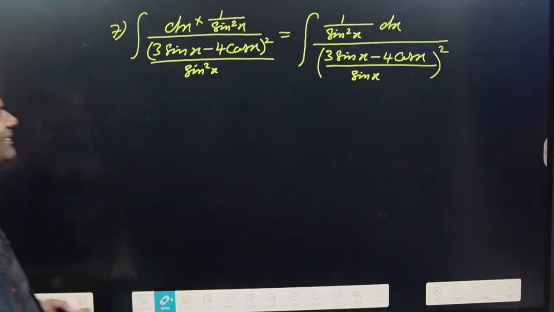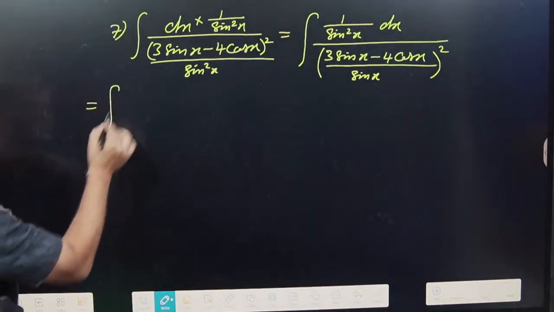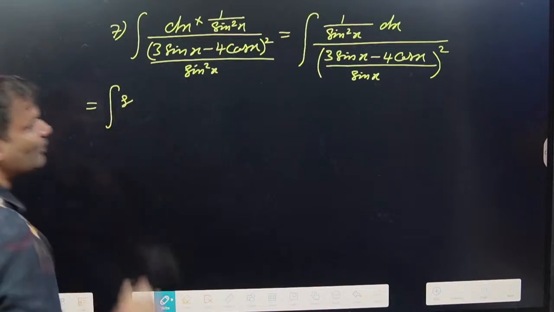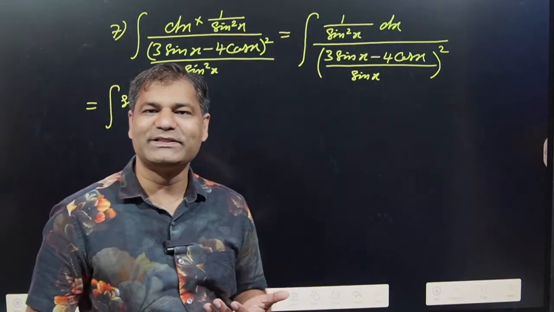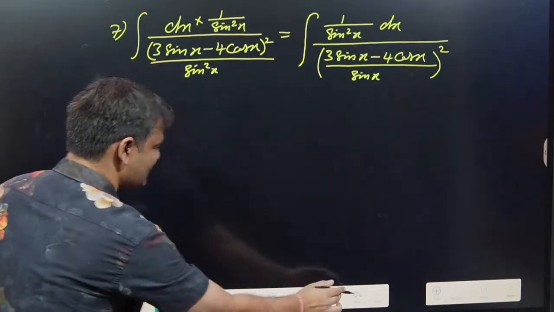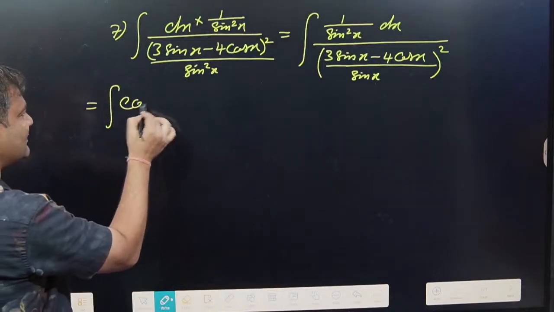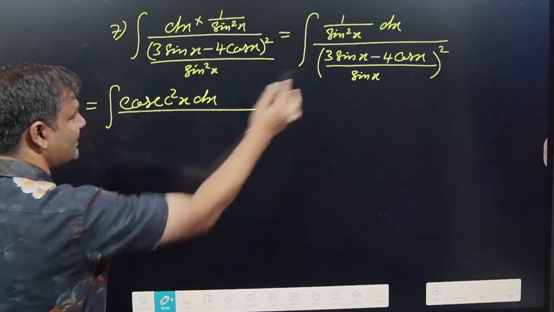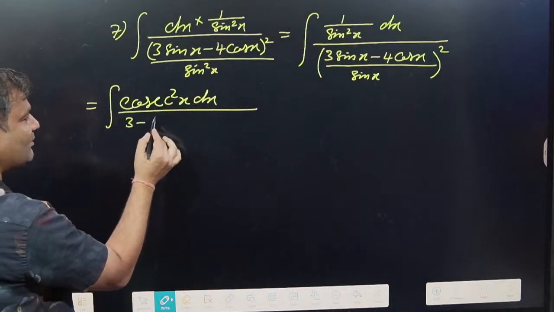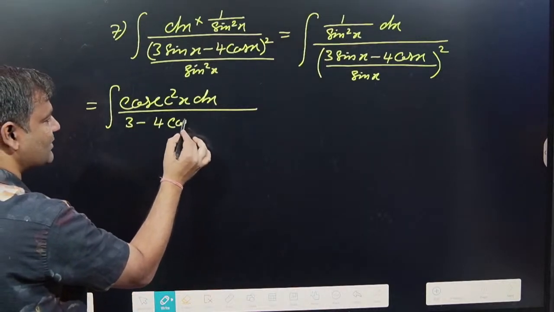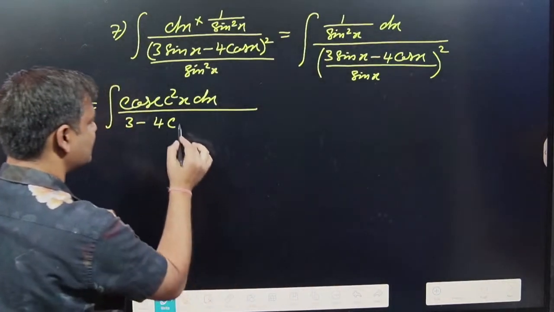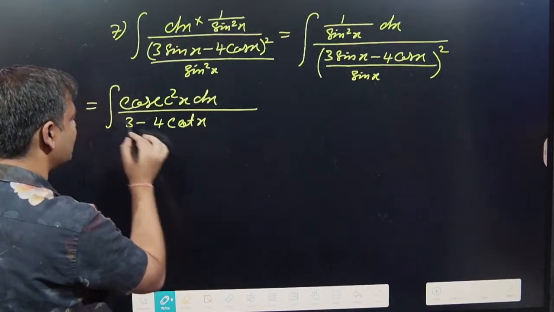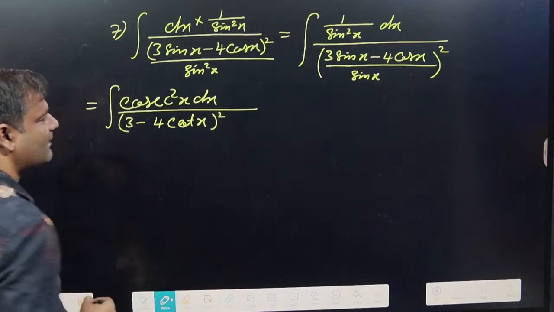Look here. This one, 1 by sin square x, is basically cosec square x. So it is written cosec square x dx divided by this one, 3 minus 4 cos upon sin, that is cot x, to the whole square.